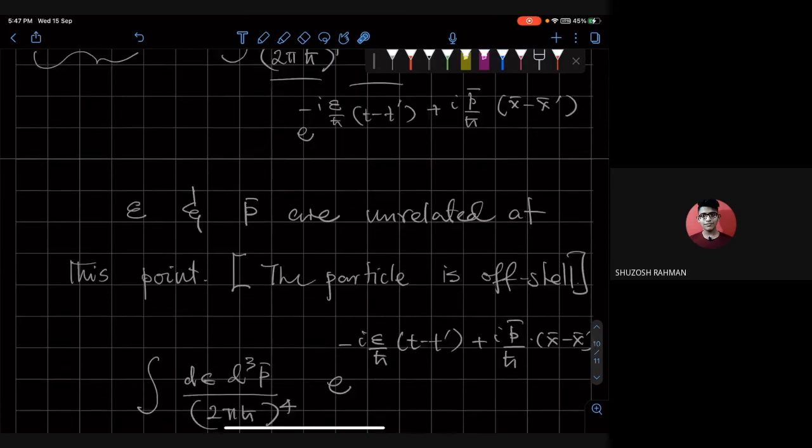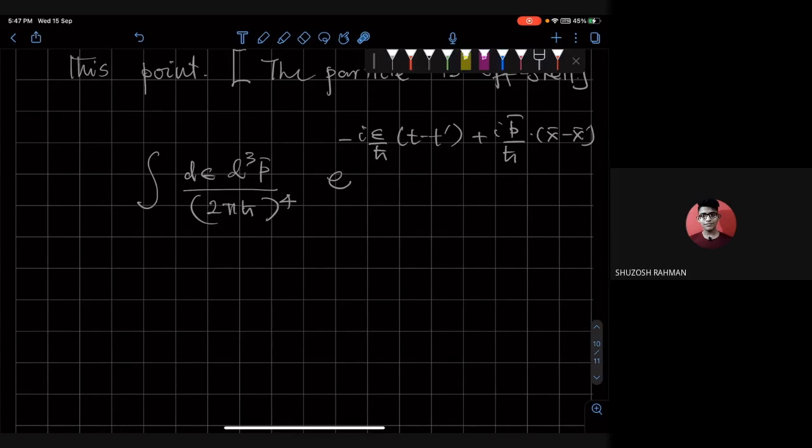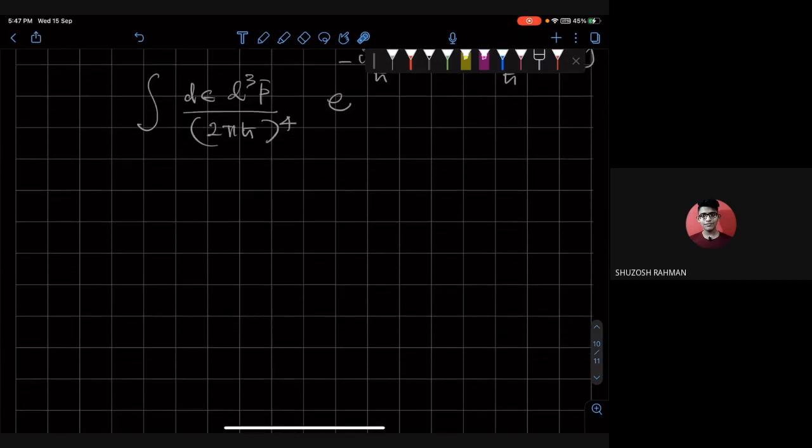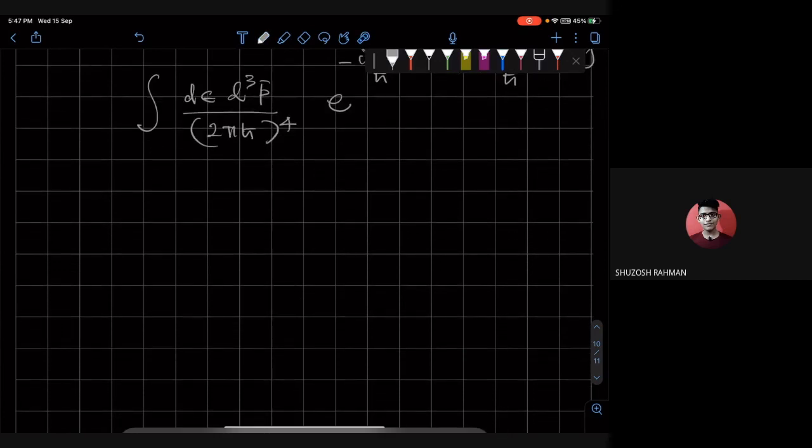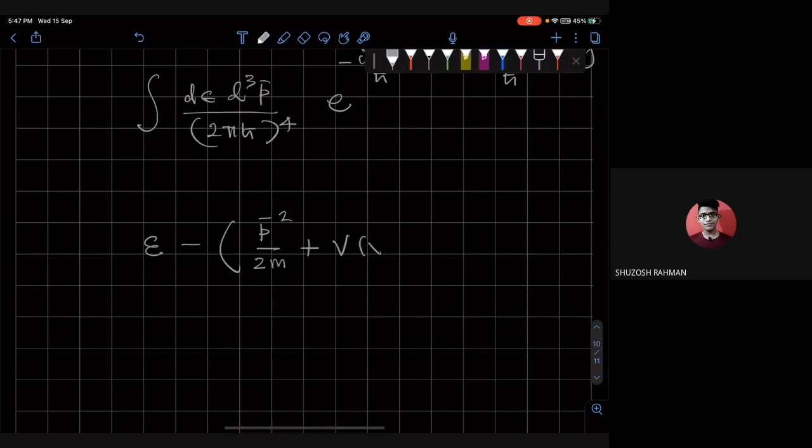So as a result, on the left-hand side, apart from the integral and everything, we will have epsilon minus p squared divided by 2m plus V of x. The V of x just goes on the right.